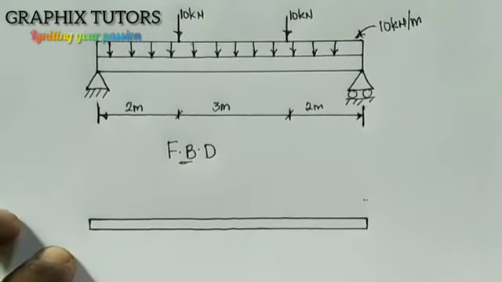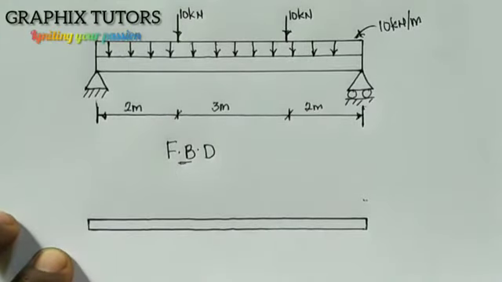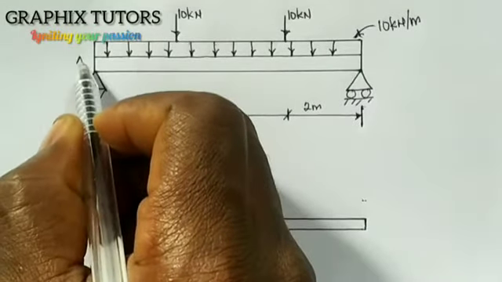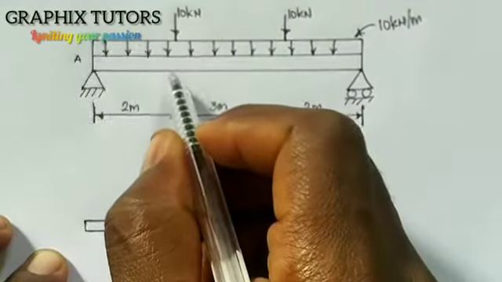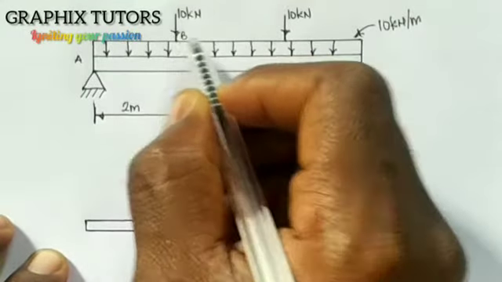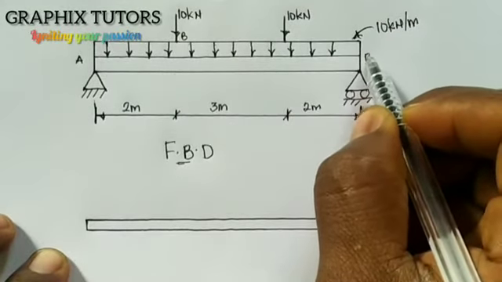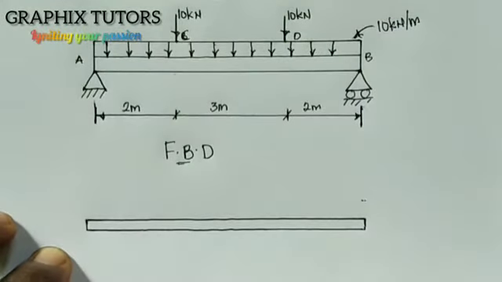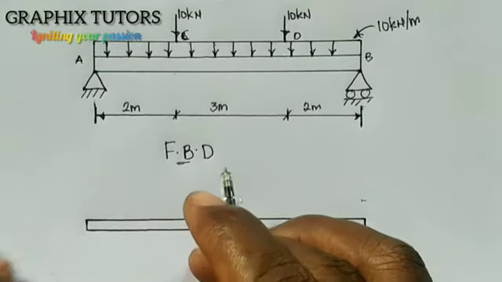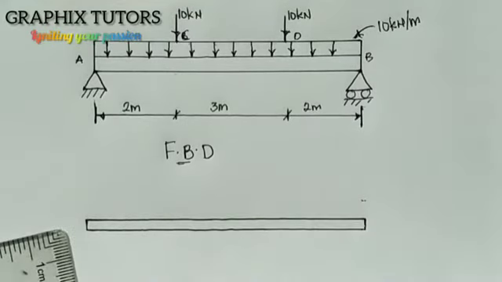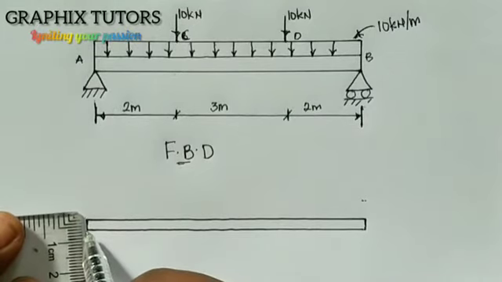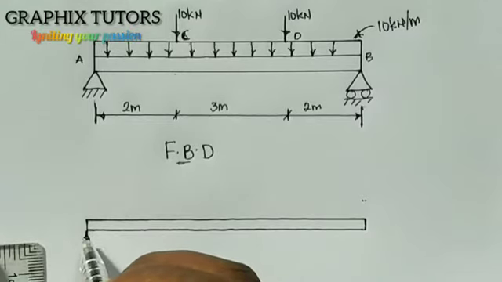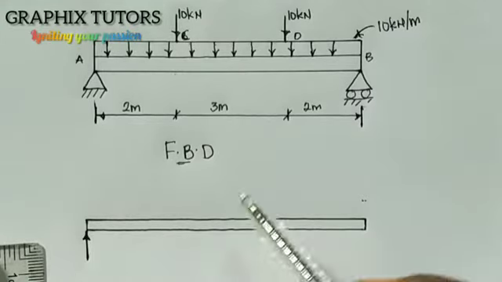If you look at this, since this is a hinge support, it has two reactions. Let's name this point A, and let's name where this reaction will be point B, here is C, and here is D. So at point A, having two reactions, we'll have a reaction acting at this point going upward like this, because the reaction is reacting against the load.